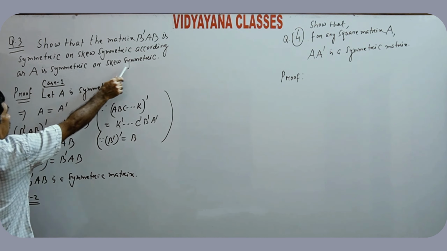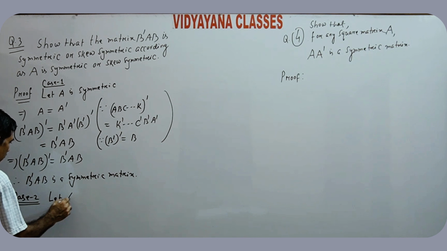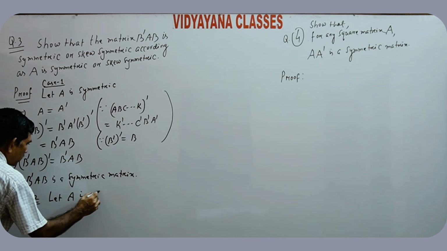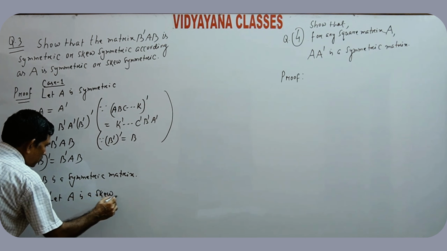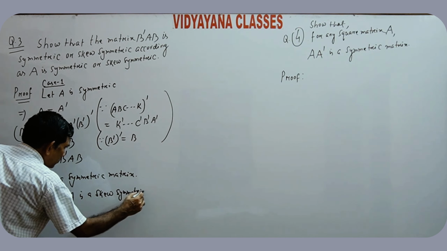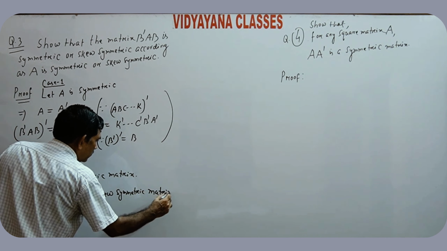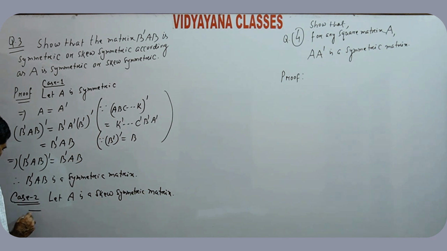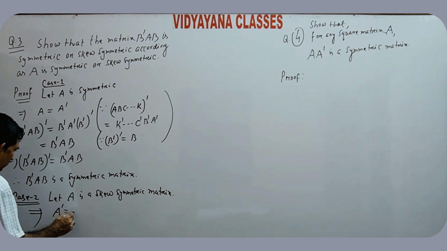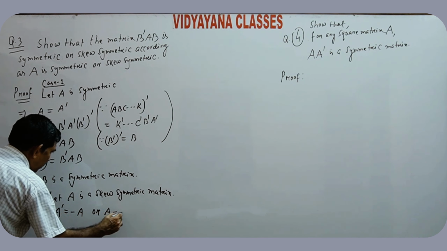Let A be a skew symmetric matrix. By the definition, A transpose is equal to minus A, or A is equal to minus A transpose.